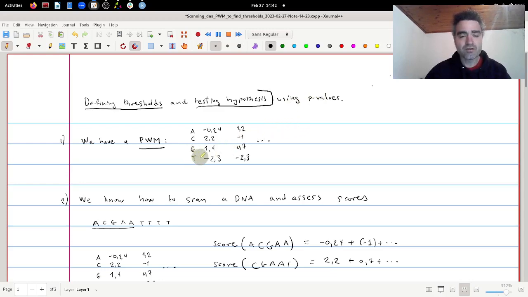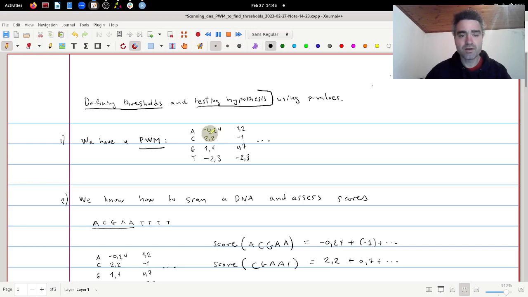So again, let's assume that we have this position weight matrix. Again, it's a named matrix. The row names are ACGT, and the values that we have in the cells of the matrix represent the preference of the motif for the different letters.